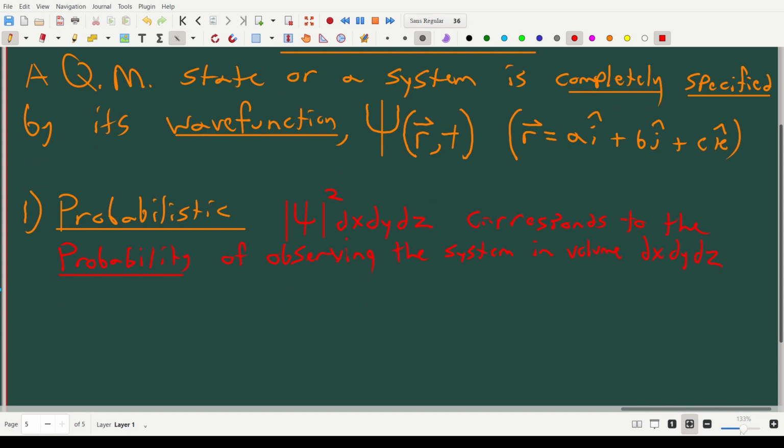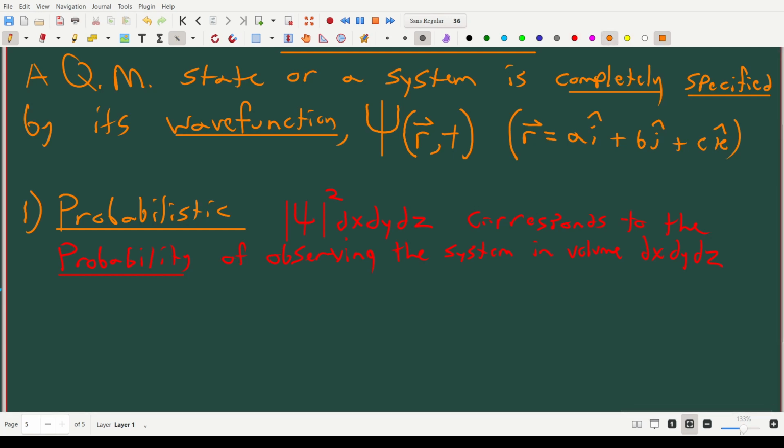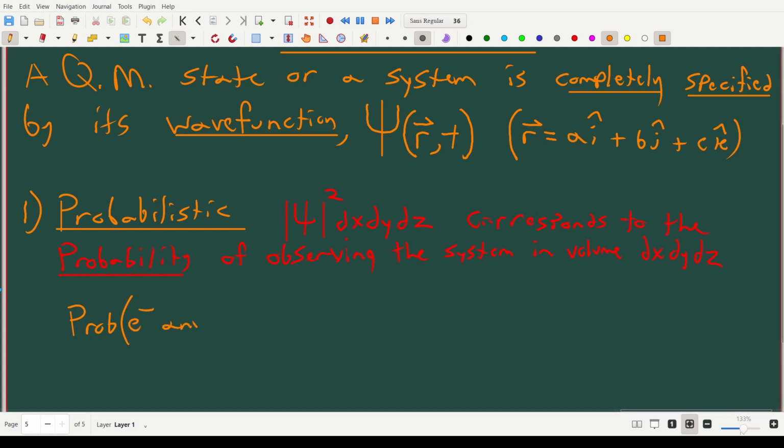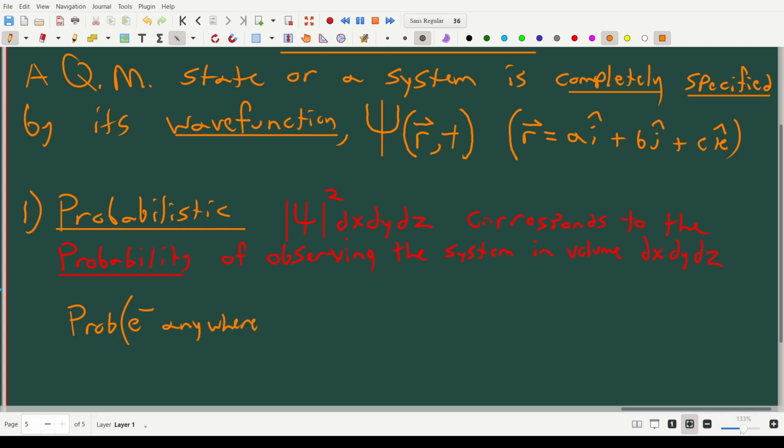Now let's think about the question, what is the total probability of finding a particle anywhere in the box? How would we calculate that? The total probability of finding the electron anywhere is going to be the integral of this probability.